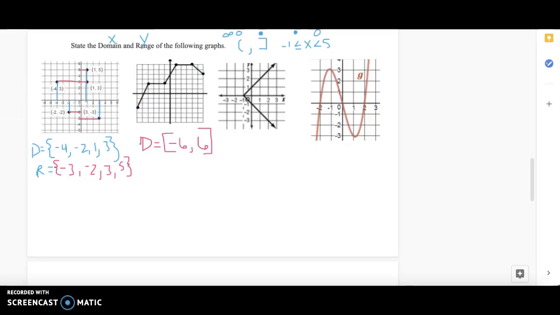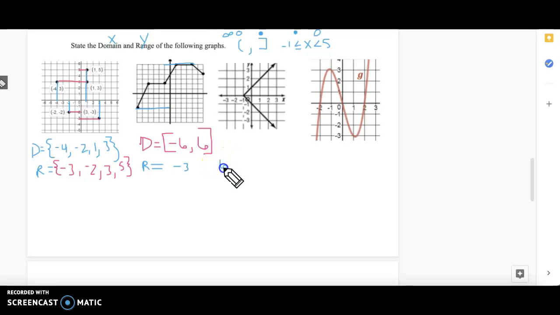Okay, so now let's look at our range here. Now again, the range is lowest to highest. So my lowest is right here, and my highest looks right here at the top of my graph. So my lowest, let's see, is 1, 2, 3, -3. And my highest is a +6.